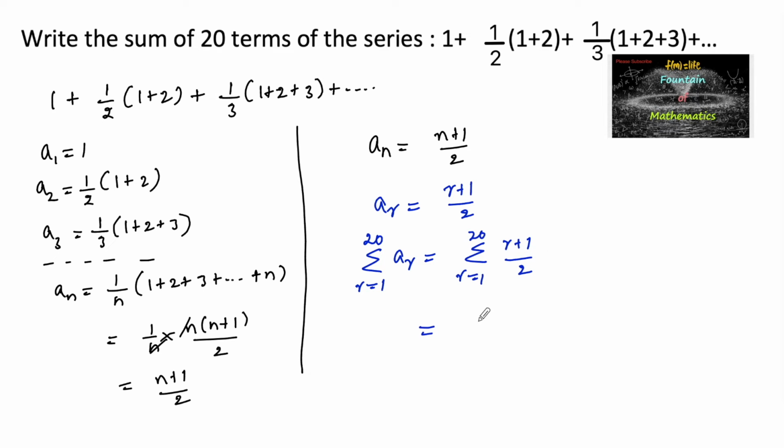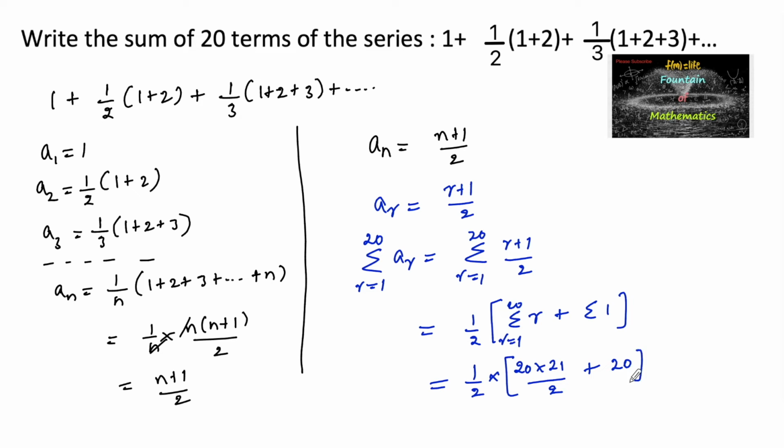So which is equal to 1 upon 2, which is common, we can take outside, and summation of r plus summation of 1. Summation of r, that is r is equal to 1 to 20, is the sum of 20 natural numbers, so we can write 20 into 20 plus 1 upon 2, and summation of 1 is 1 added 20 times, so we can say here 20.